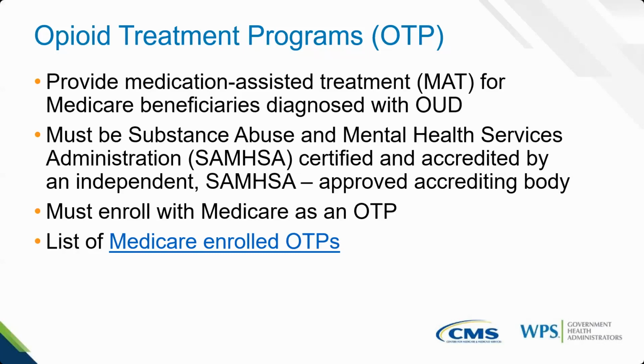Another criterion that I want to highlight is that the OTP must be accredited by the Substance Abuse and Mental Health Services Administration, and the OTP must be enrolled with Medicare. We do have a link here on our slide for a list of Medicare enrolled OTPs if you're interested in taking a look at who is already enrolled with Medicare. That list is out there for you.